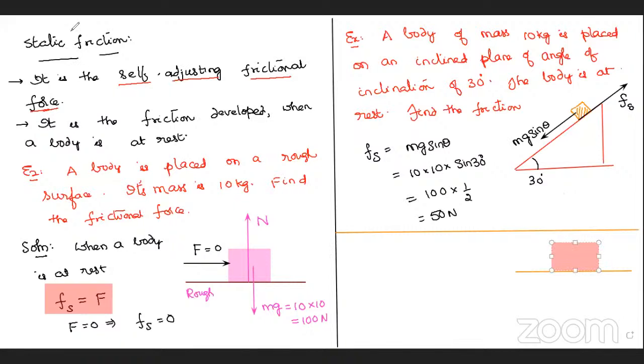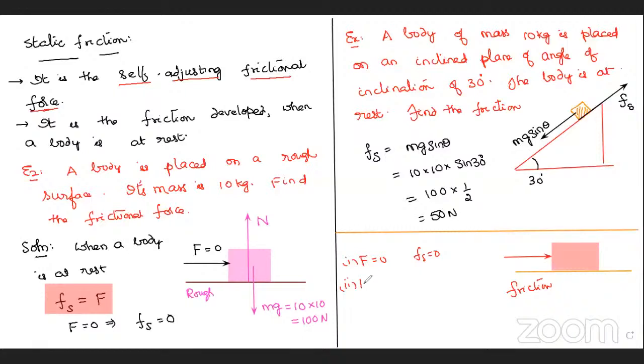Because of the friction between the surfaces, first you applied zero force. So here you got the frictional force equal to 0 the first time.